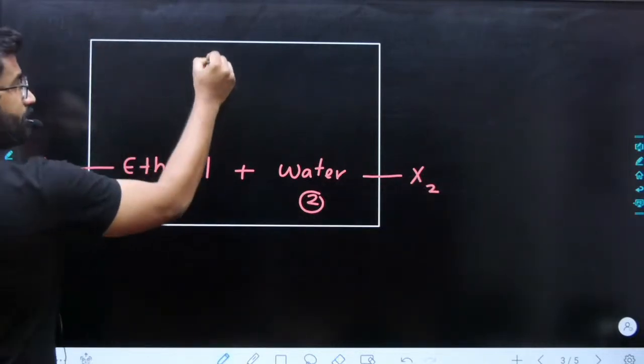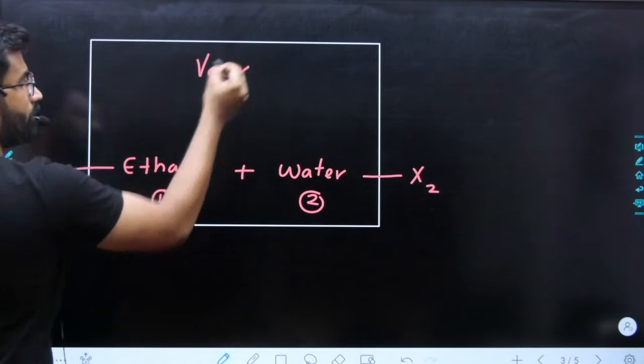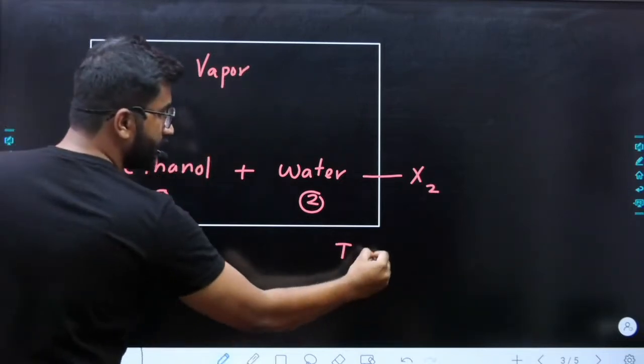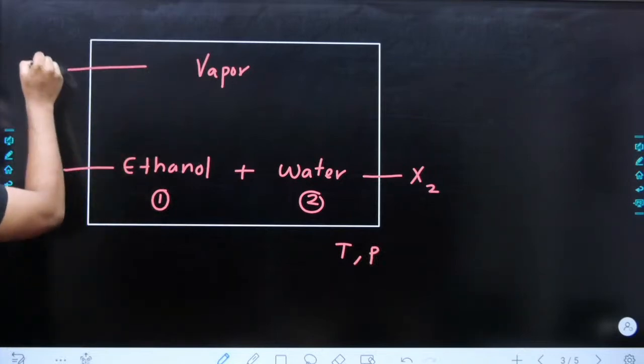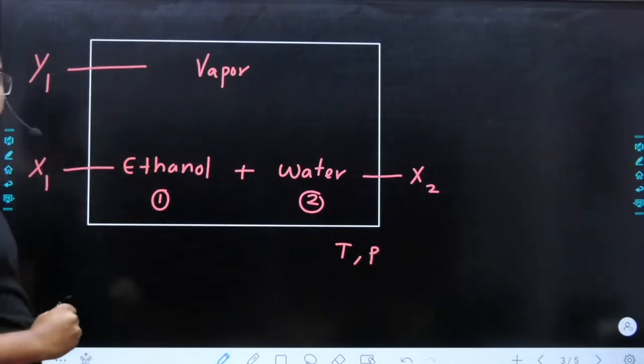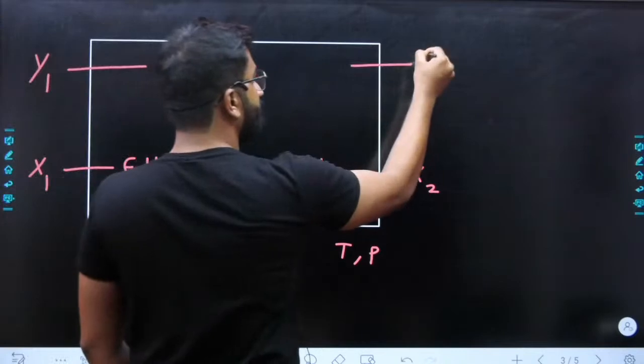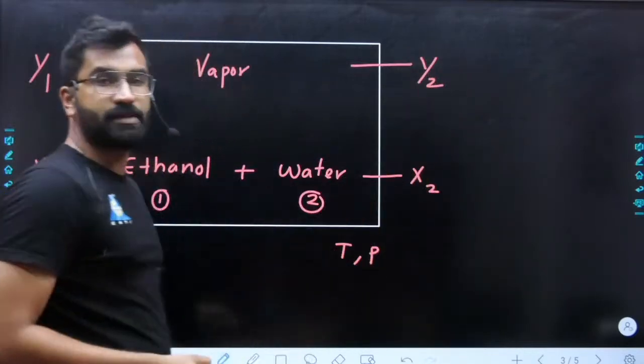Now, in the vapor phase, you don't know the composition at this temperature and pressure. How much vapor phase ethanol is present will be denoted by Y1, and how much vapor phase water is present will be denoted by Y2.